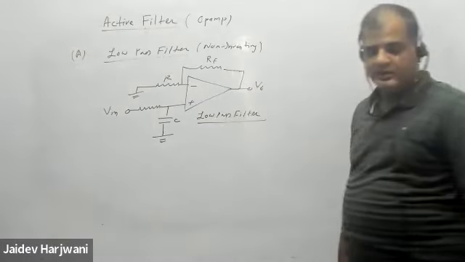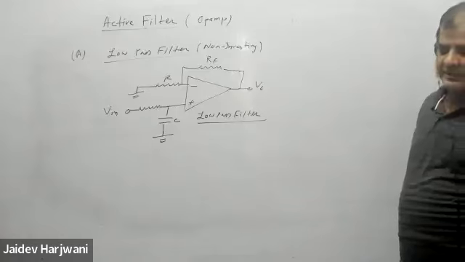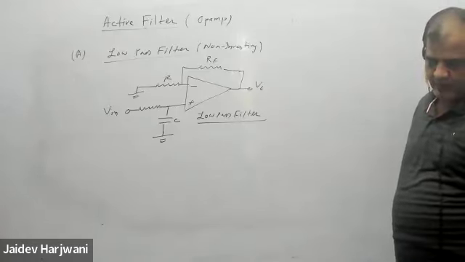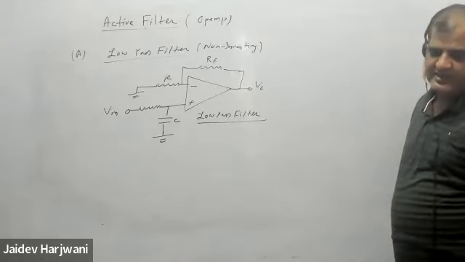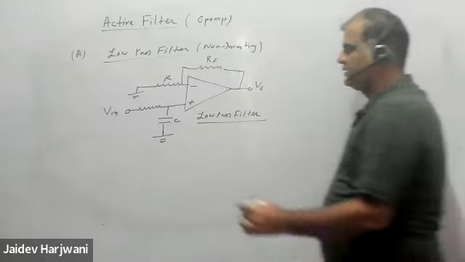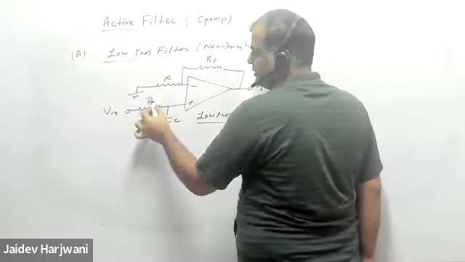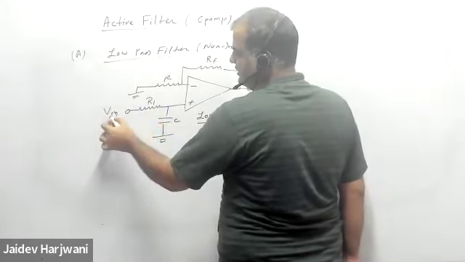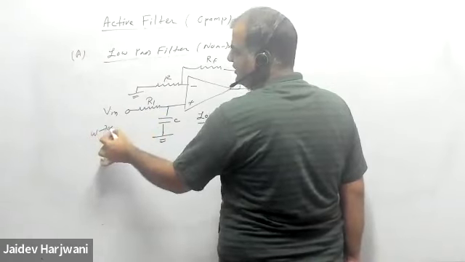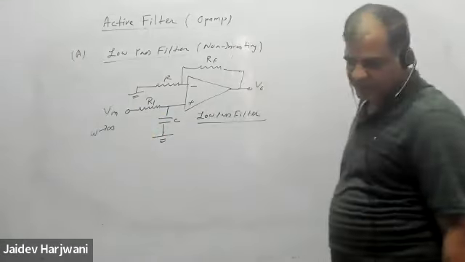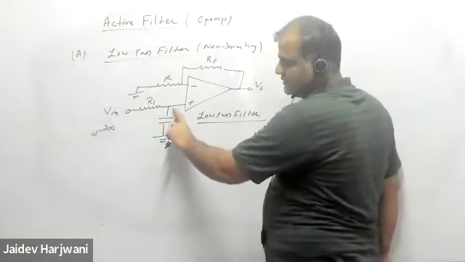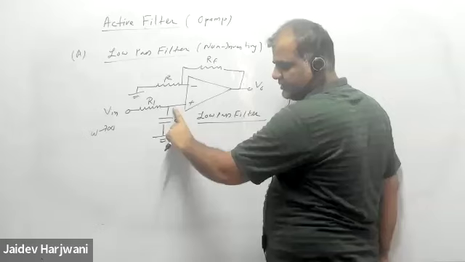Now you can easily judge, if a circuit is given, without solving the gain formula. You can tell easily whether this is a low pass filter or high pass filter. How? Say if the signal is of high frequency, say omega infinite, then what is the drop here? Can anyone tell me what is the drop here?